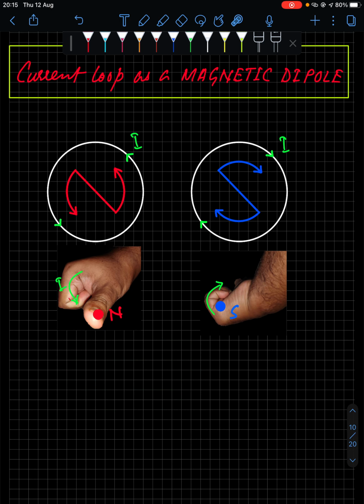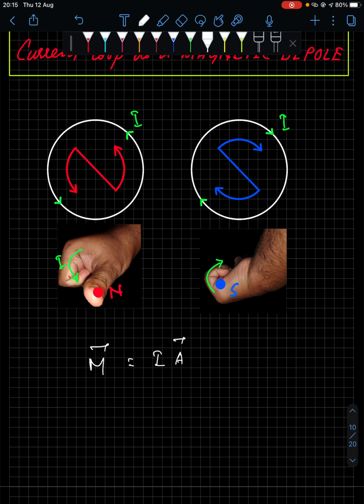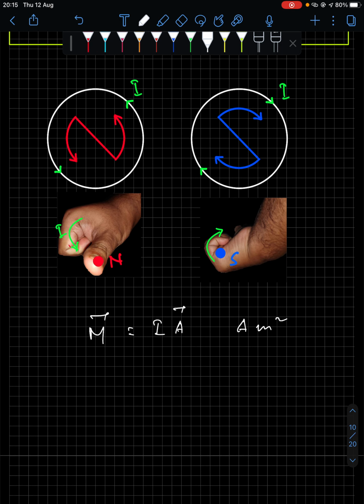So how do you measure this? In this situation, your magnetic dipole moment vector m is equal to current multiplied by the area of the loop where the current is flowing. The unit comes out to be, current unit is ampere and area unit is meter square, so the SI unit is ampere meter square.